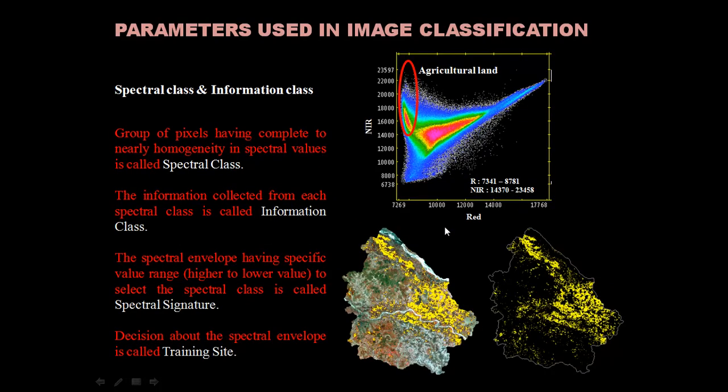Now come to the spectral class and the information class. These are two very important things. The spectral values of a group of pixels is called the spectral class. Like in this feature space, these are the feature plots, and if we consider such kind of values within this red circle, these pixels will have some values, and these values can denote a specific feature over the earth surface.